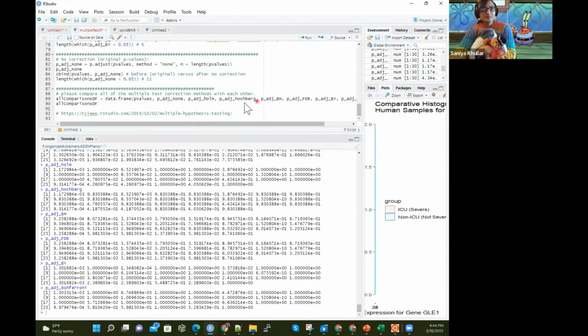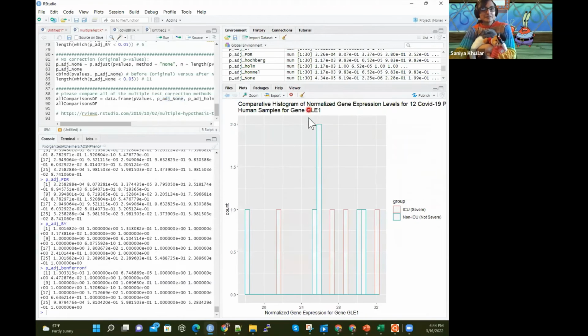Oh, and also what we can see is that this is an example of a gene whose expression level I've normalized the data. We are comparing between the ICU, which is in red, and severe, and non-severe, which is blue. Non-severe is blue, and severe ICU is red.